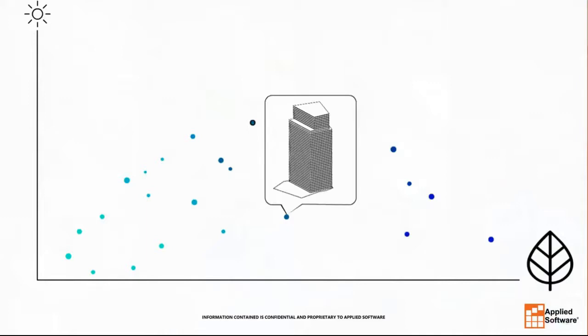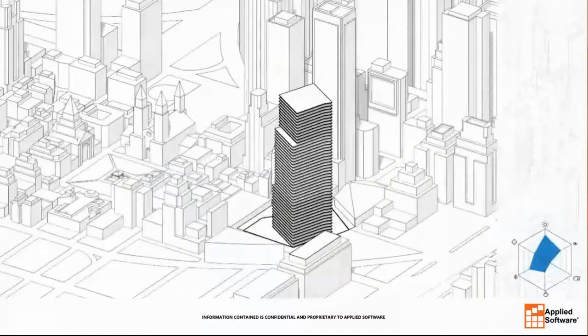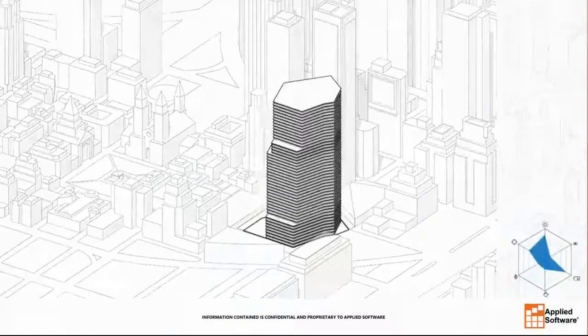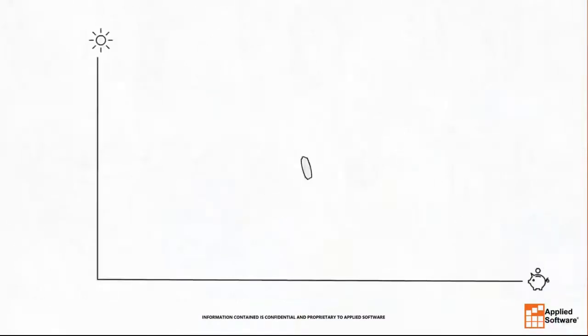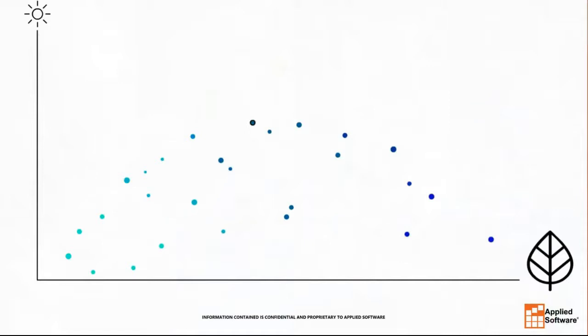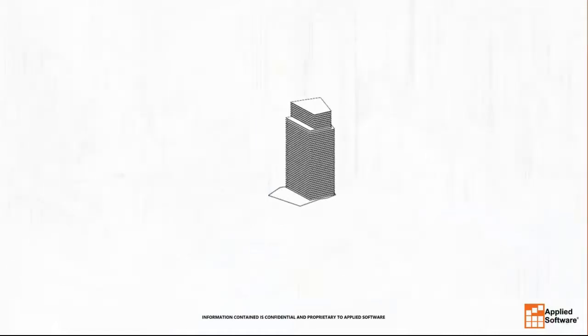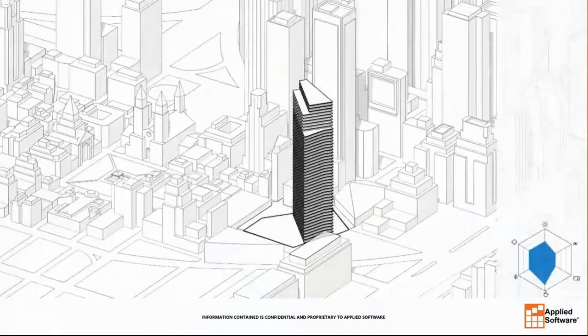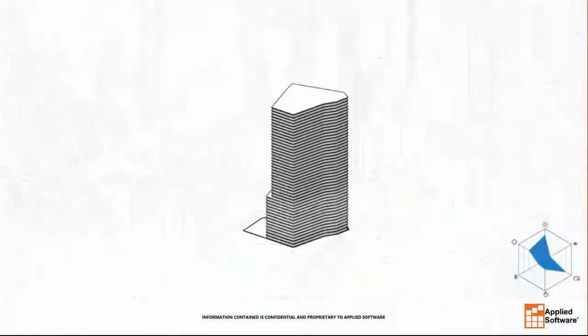And then this example here is from Matter Lab. But what they're doing is they're taking a site and they're testing many different forms for this building and determining the optimal configuration for various inputs, if you will.